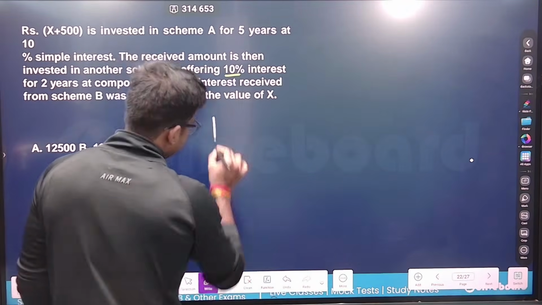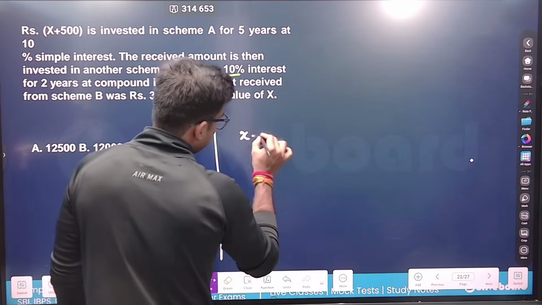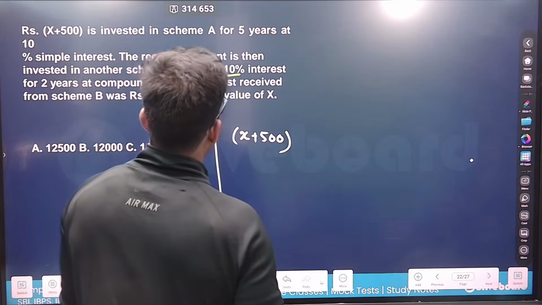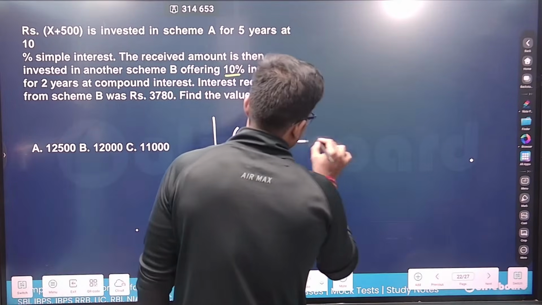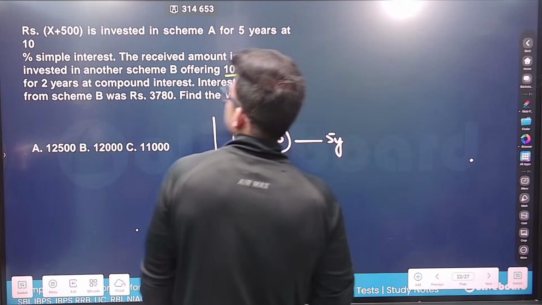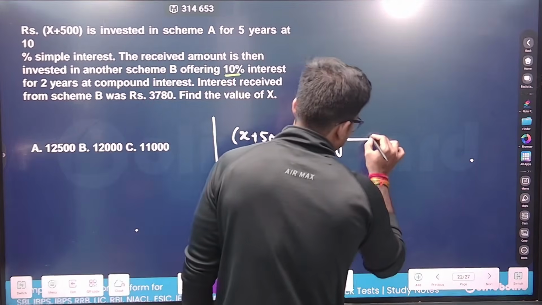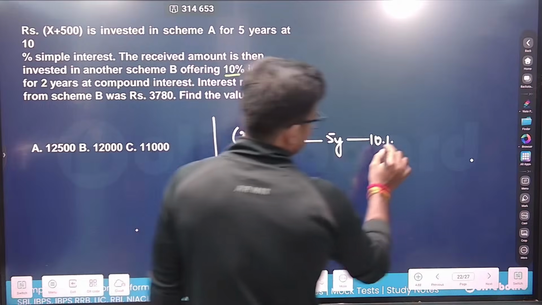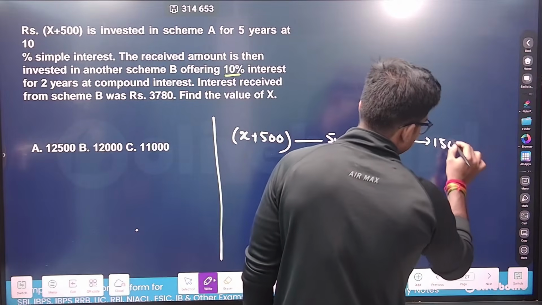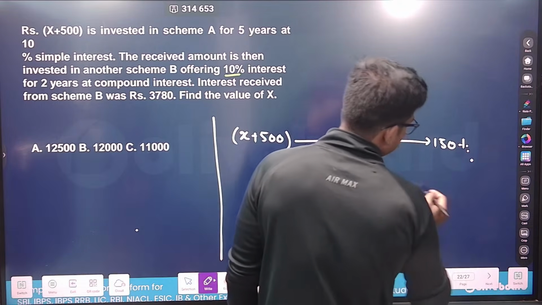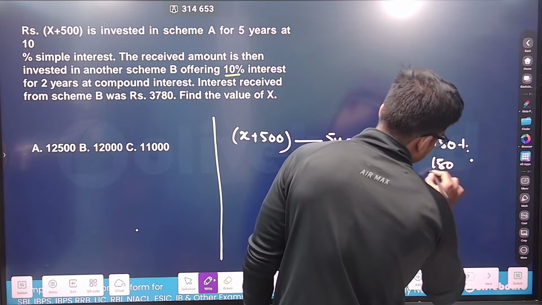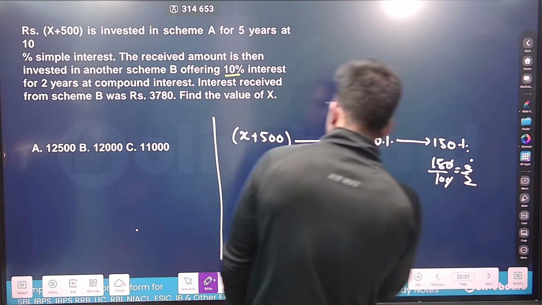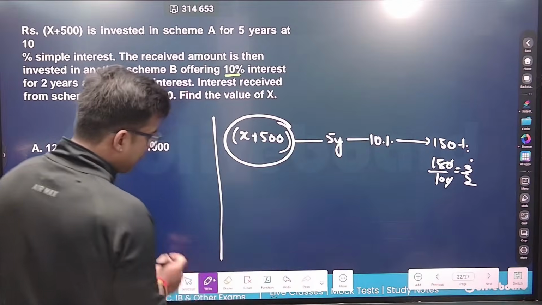So if I assume this should be 100, the amount would be 150%, and 150% is nothing but 150 by 100, which is 3 by 2. So of this I need 3 by 2, correct?